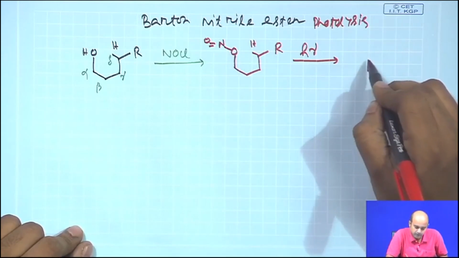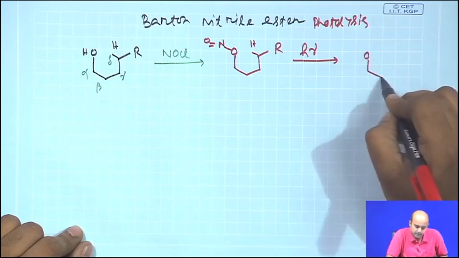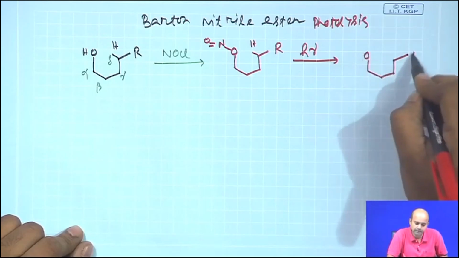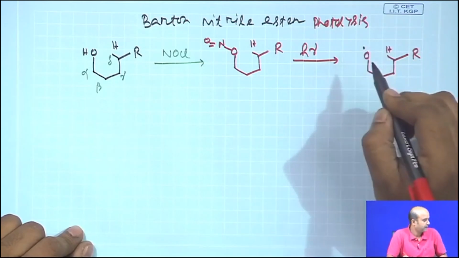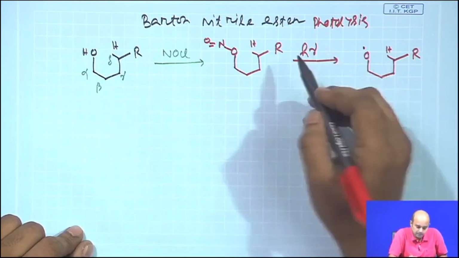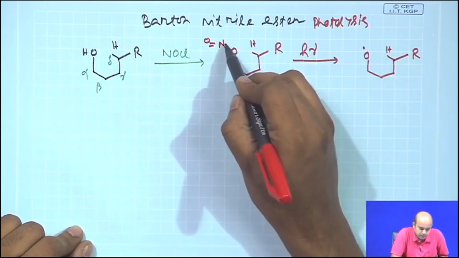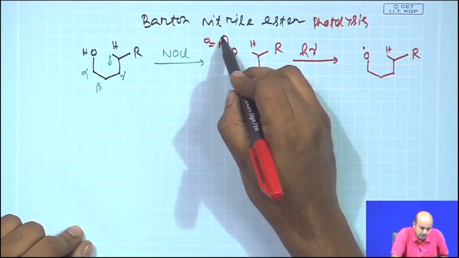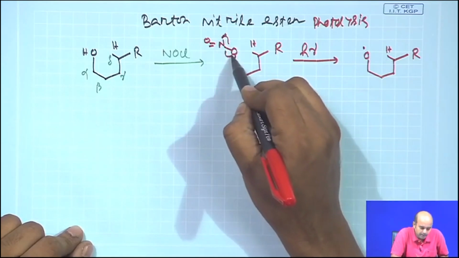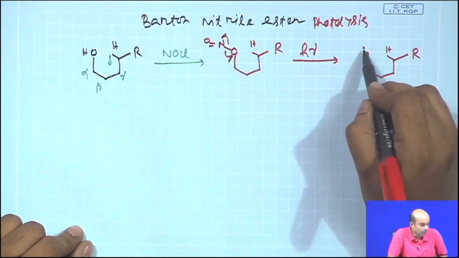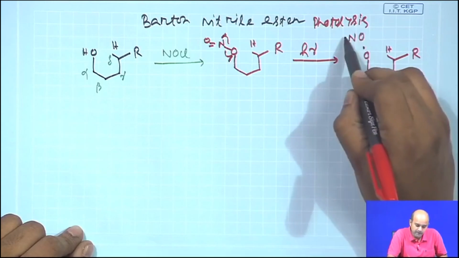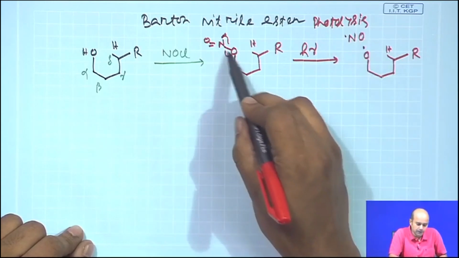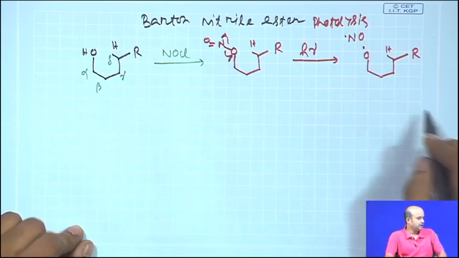Once this takes place, you will have the O dot, going by this way with a half arrow, and you get an O dot and you get a NO dot. So, this oxygen-nitrogen bond is cleaving.